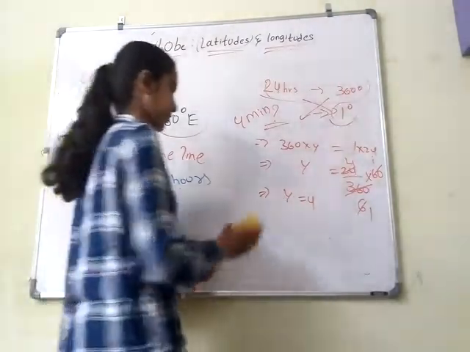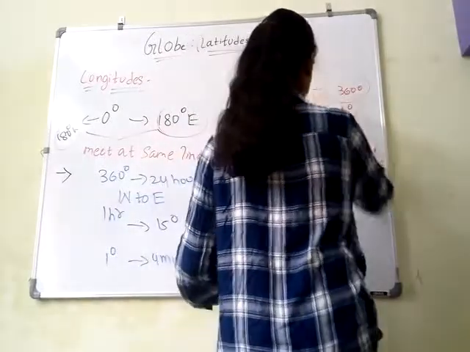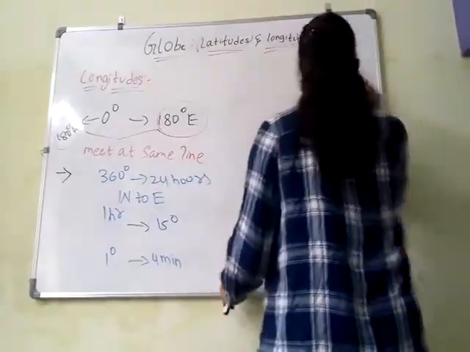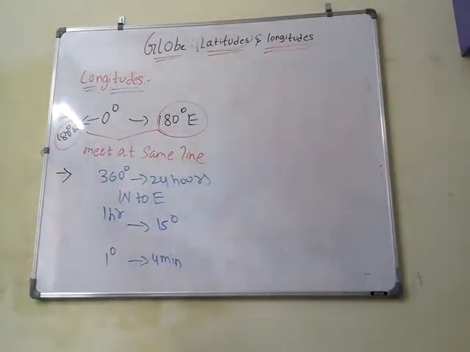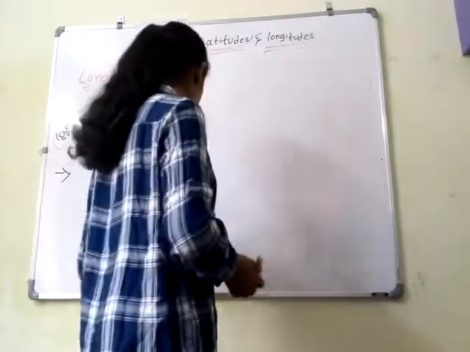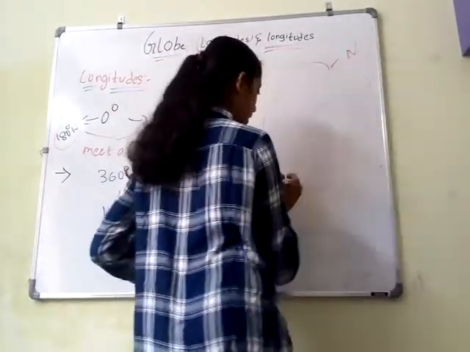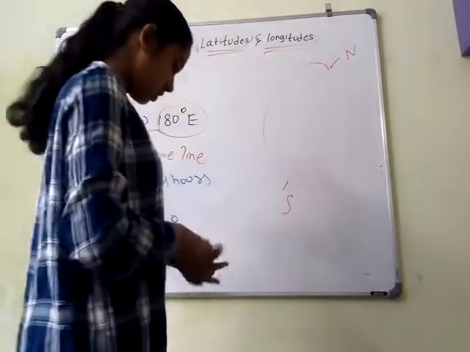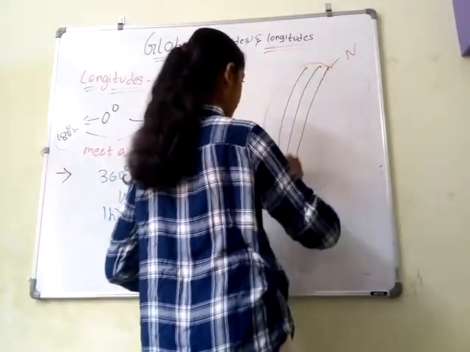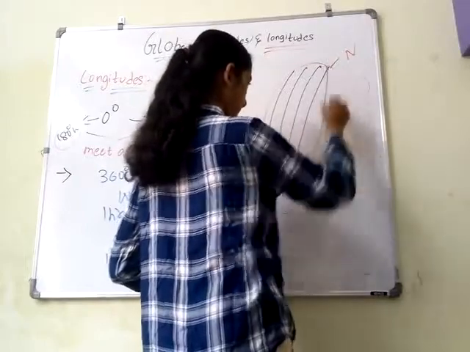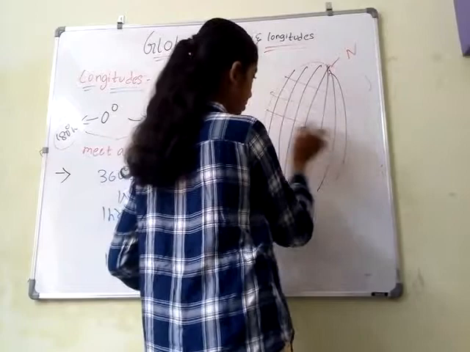Next. Now before getting into that, I would like to say one thing. Here this is the North Pole, right, and this is the South Pole. These are the longitudes and latitudes.